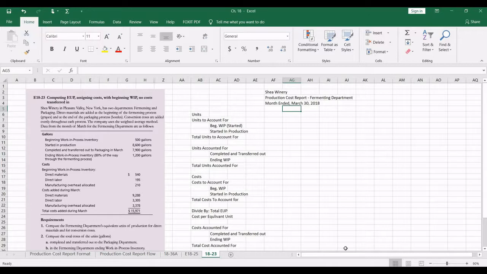So let's go ahead and write that in. First is physical flow. Physical flow, space over 2 times, transferred in, which will be 0, space over 2 times, direct material, space over 2 times, conversion cost, and that's the fifth column.